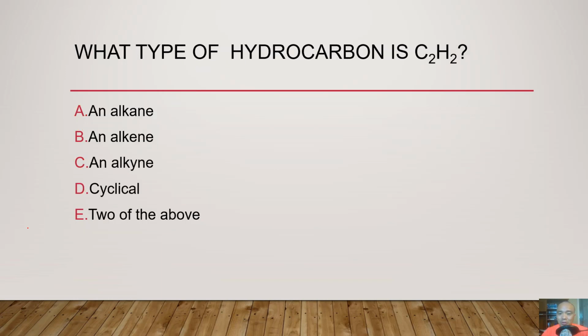What type of hydrocarbon is C2H2? Again, do remember we have three different types of hydrocarbons with corresponding general formulas listed over here. An alkane is CnH2n+2. Alkene is CnH2n. And alkyne is going to be CnH2n-2.